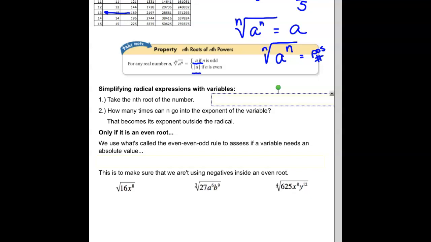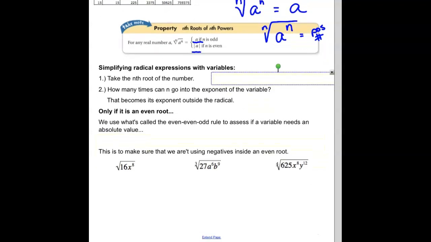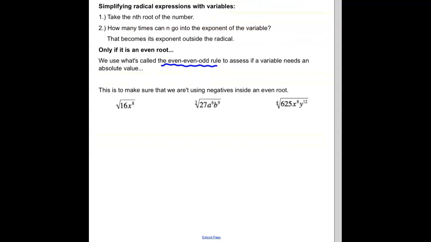And that's going to become the outside exponent. So if it is an even root, we use what's called an even-odd rule to assess if the variable needs the absolute value bars around it. All right, let's go through a few examples and I'll explain what we mean by that.